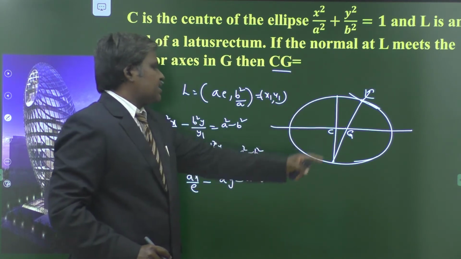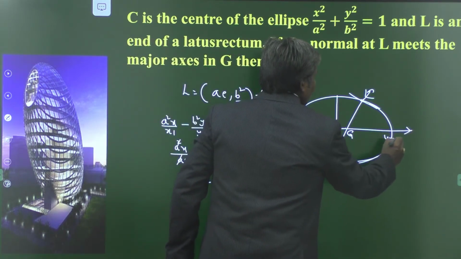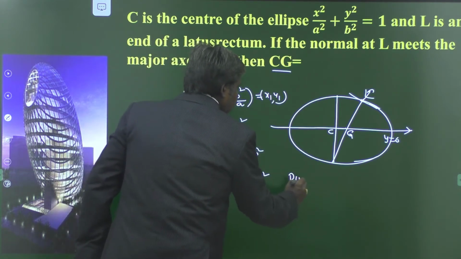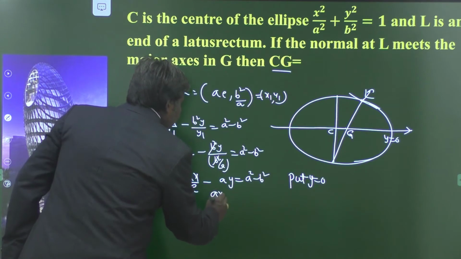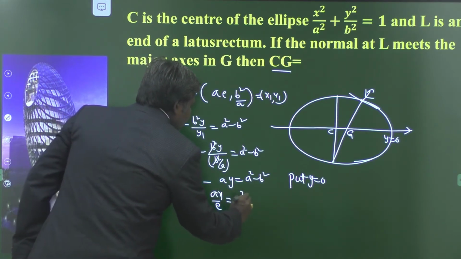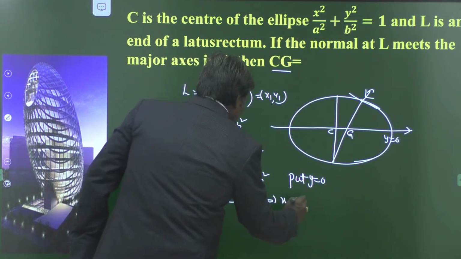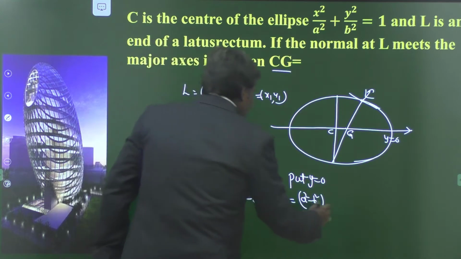It meets the x-axis. To get the coordinates of G, we have to solve with y equal to 0. Put y equal to 0, we get ax by e equals a square minus b square, which implies x equals a square minus b square into e by a.